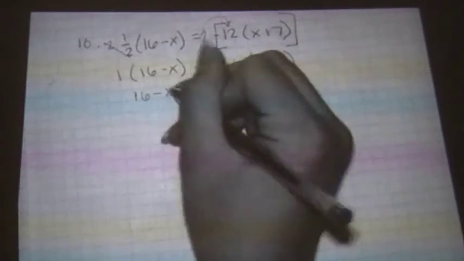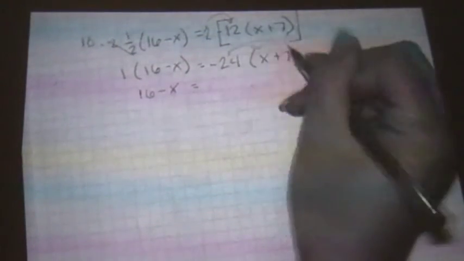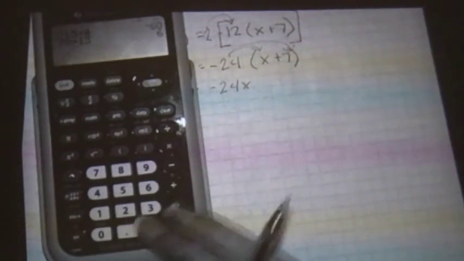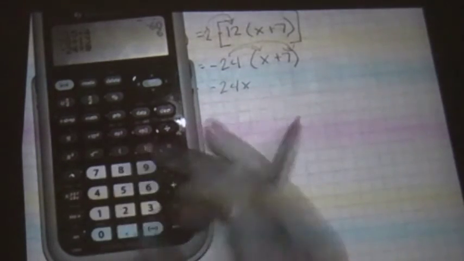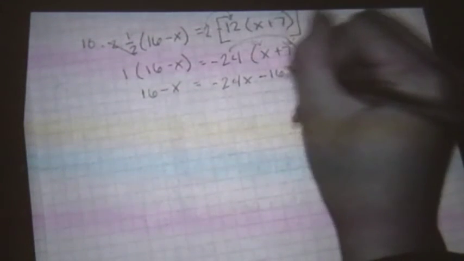So I'm going to just copy down that 16 minus x. My negative 24, I need to distribute to the x and to the 7. So I get negative 24x, and then negative 24 times 7, which is going to give me negative 168. So I'm going to put that there, minus 168.